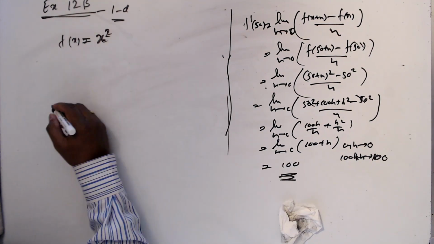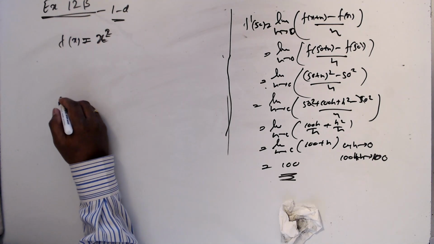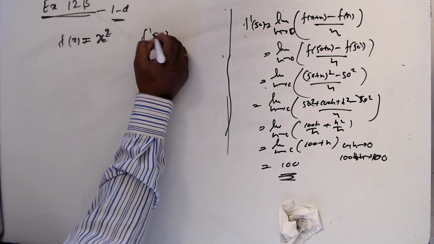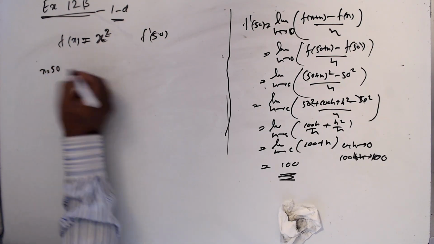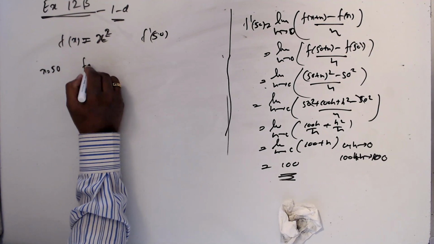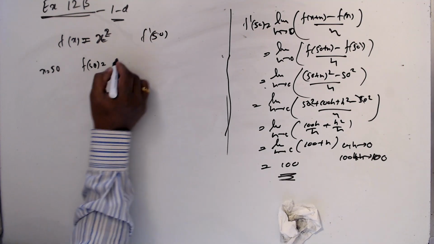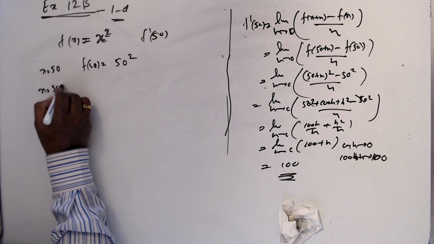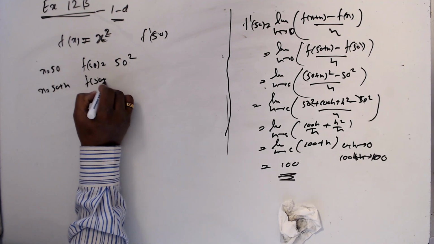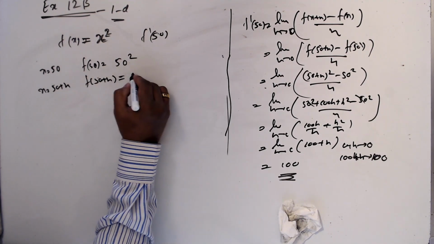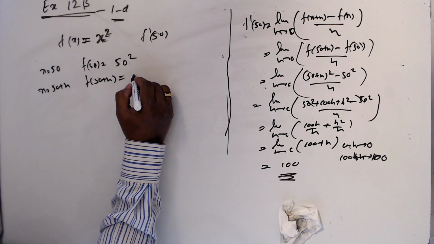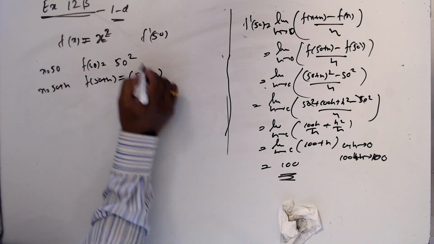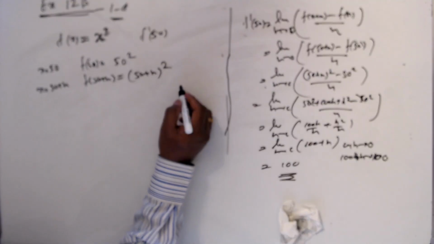Just a small recap. We want to find f dash 50. It means x equals 50. So you can find f(50), which is 50 square. Then for x equals 50 plus h, f(50 plus h) is (50 plus h) square.